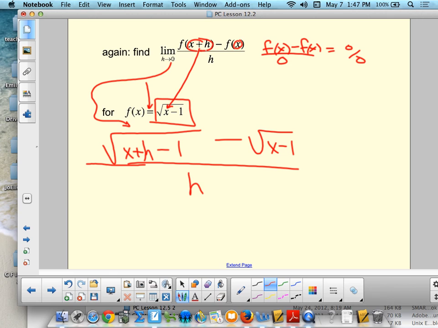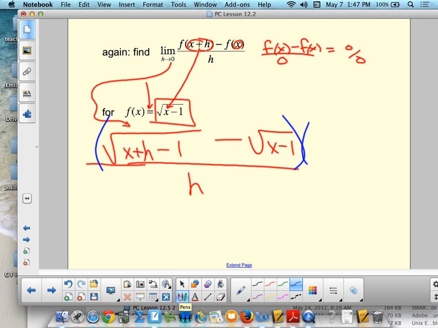You multiply it by the square root of x plus h minus 1 plus the square root of x minus 1. She could have just said multiply by the conjugate. You're right though, Ivy. That's perfect. The conjugate is exactly what Ivy said.